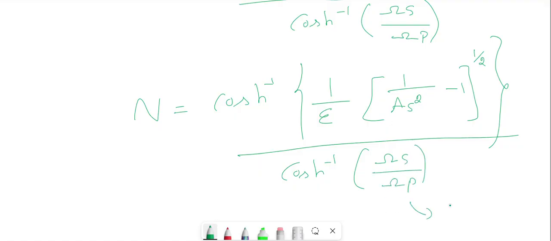So you can write cosh inverse lambda by epsilon.